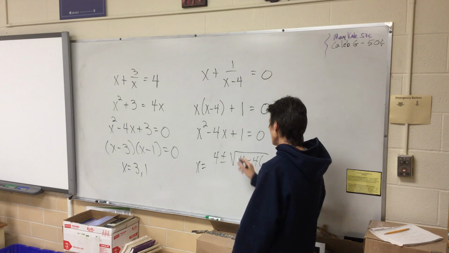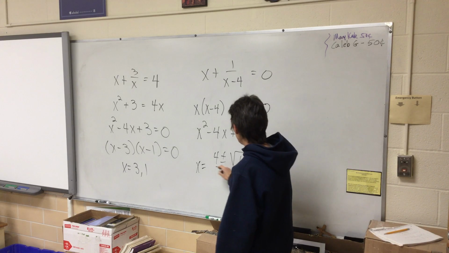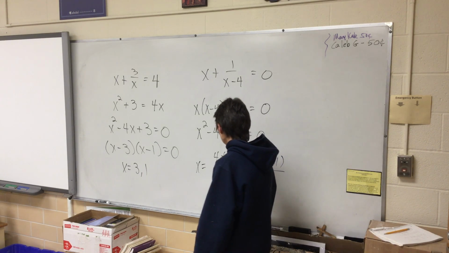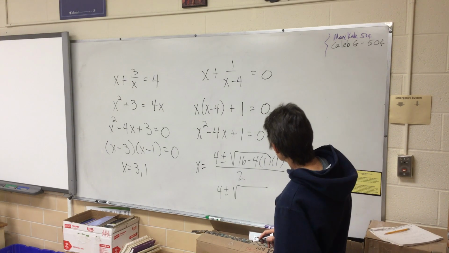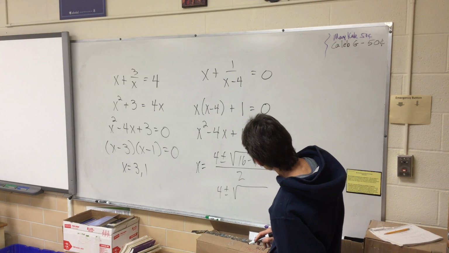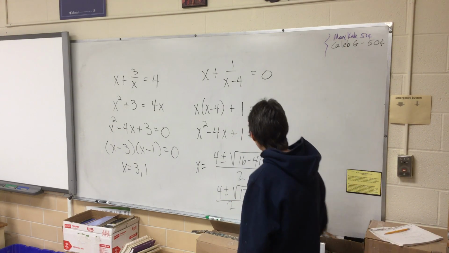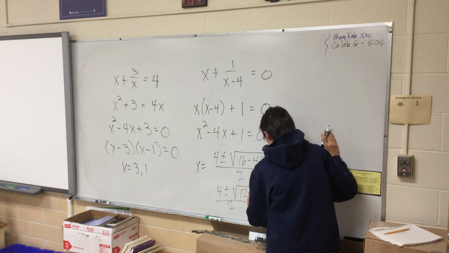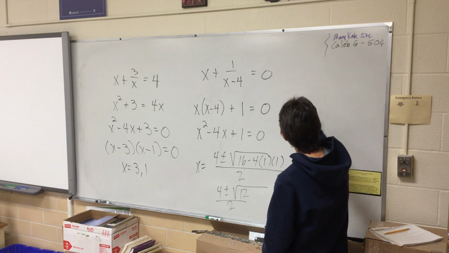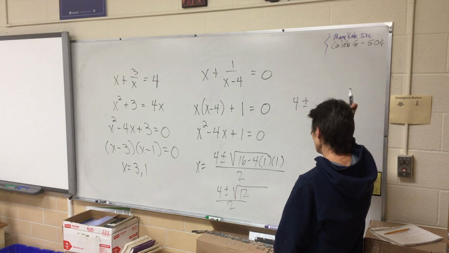So negative b plus or minus the square root of b squared minus 4ac all over 2a. Underneath there, we've got what? 12? Please do not even consider canceling at this point. You must simplify your radical first. If your radical doesn't simplify, you aren't going to be able to cancel.